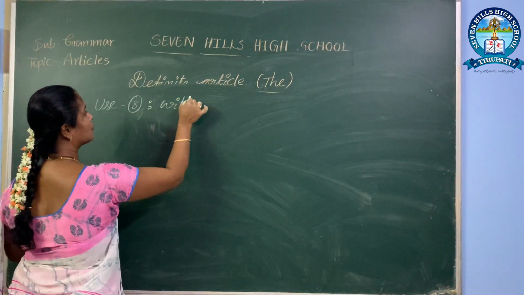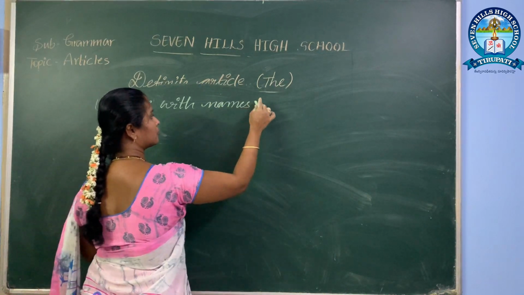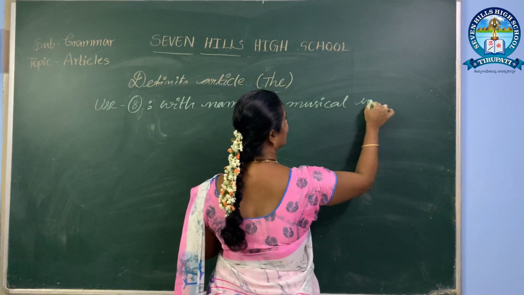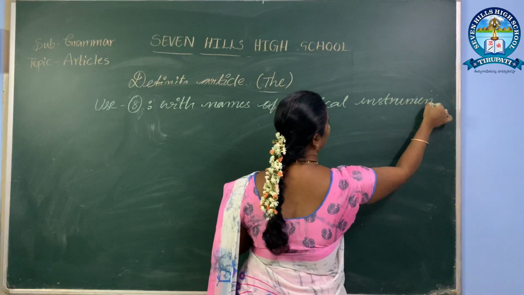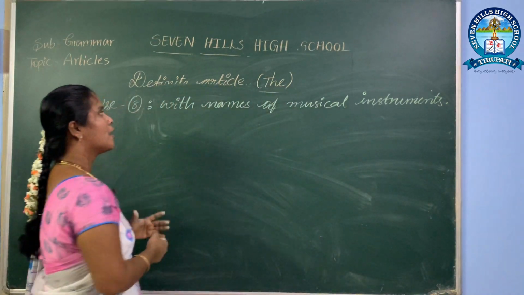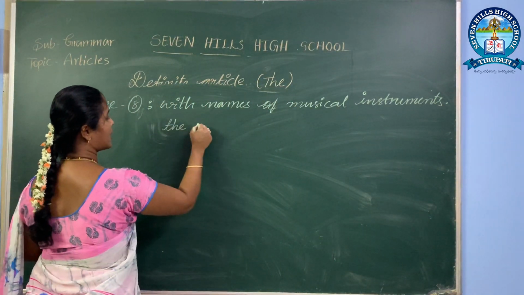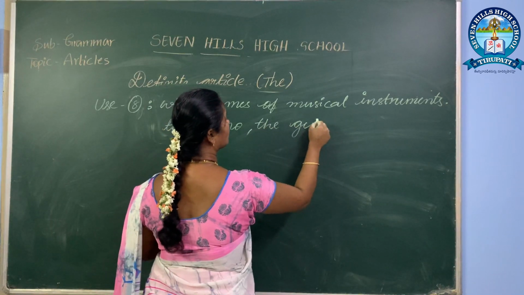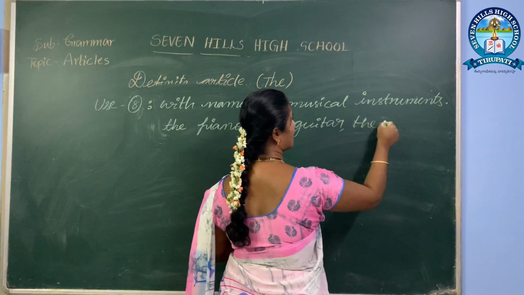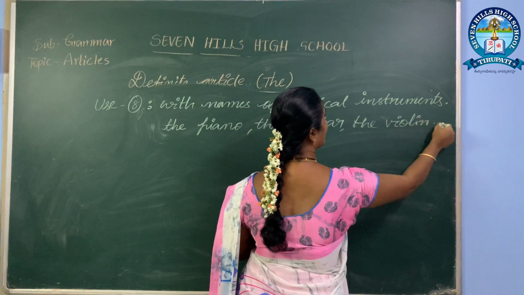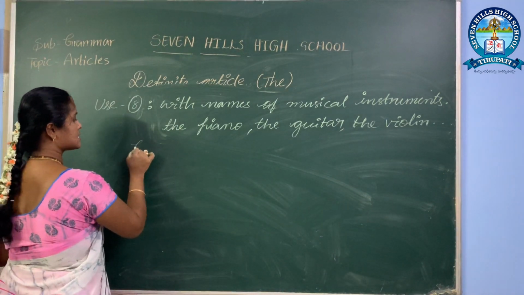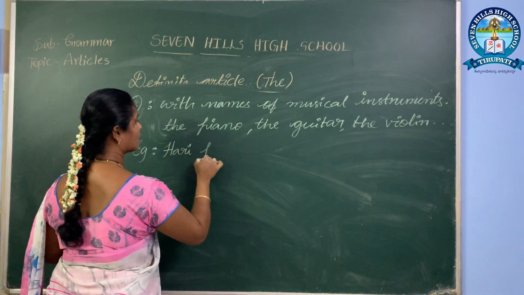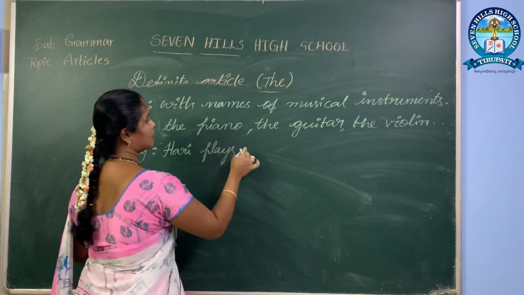And let's shift to rule number 8. With the names of musical instruments. Musical instruments, that means the piano, the guitar, the violin, etc. For example, Harry plays the violin.